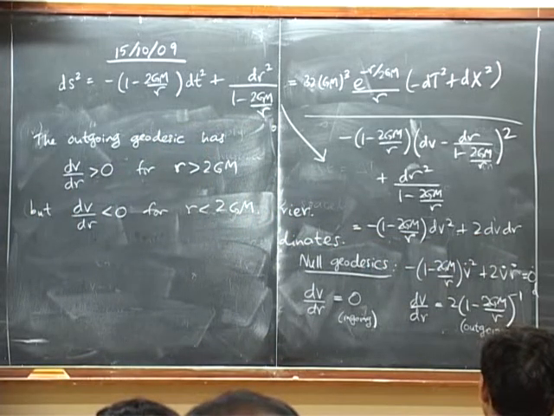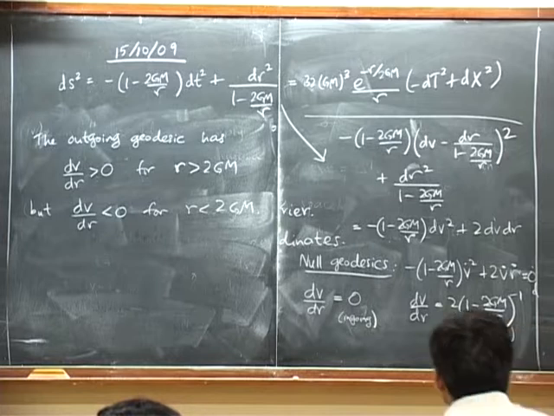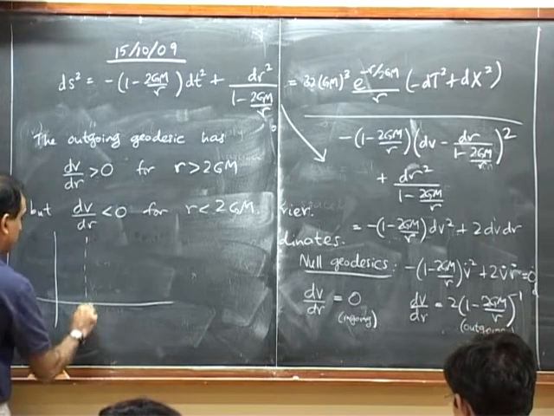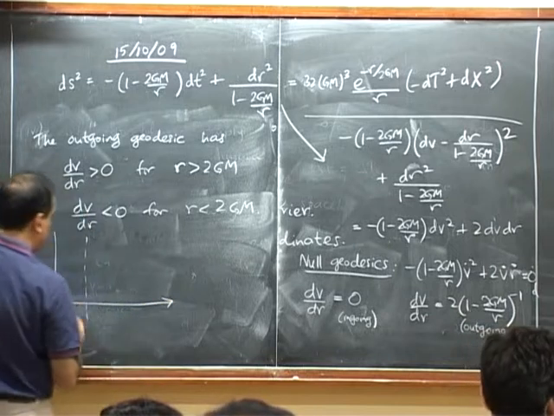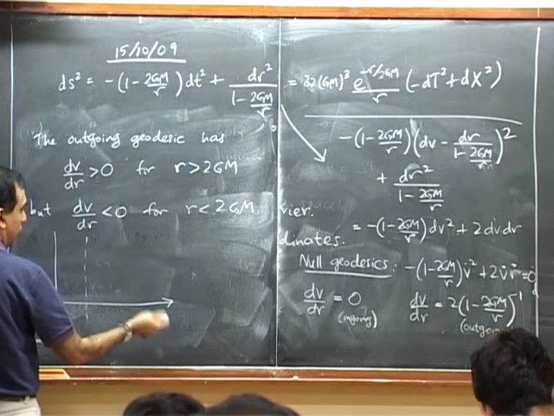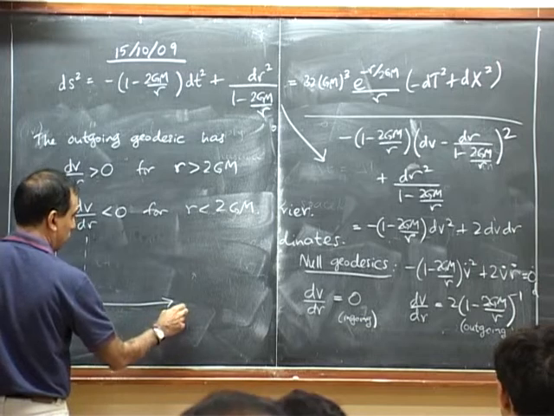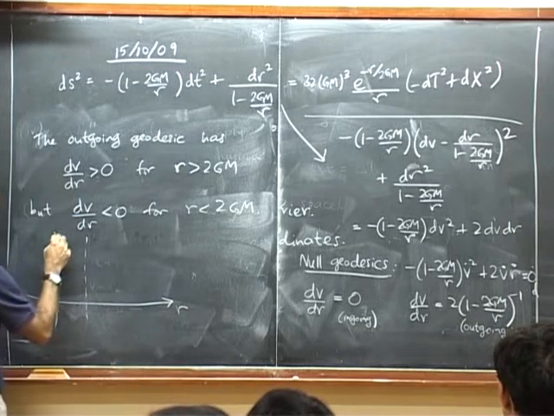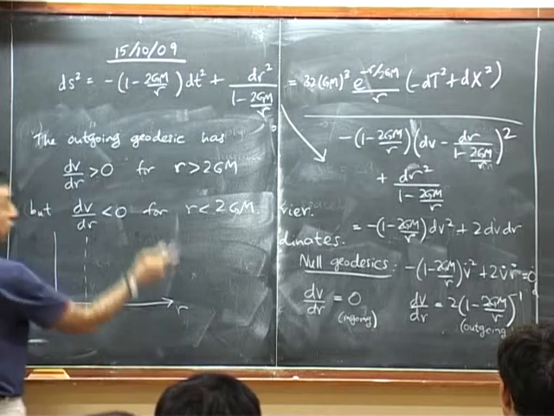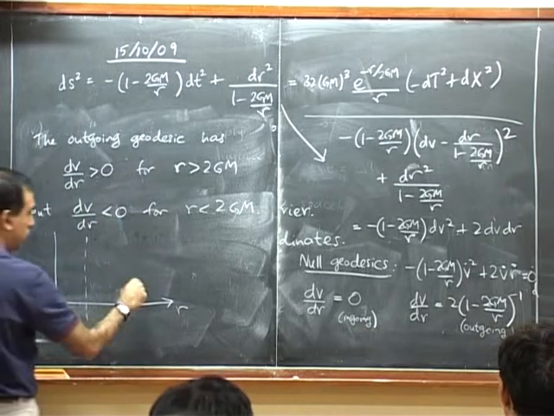Anyway, the physical interpretation is this. Here's the famous picture. This is always the picture one draws. It doesn't really matter whether it's r and t or r and v. It's just r which matters, and r is common to both coordinate systems.